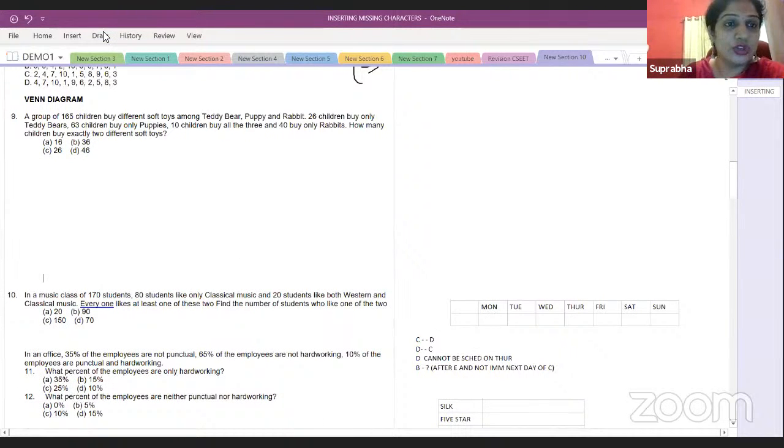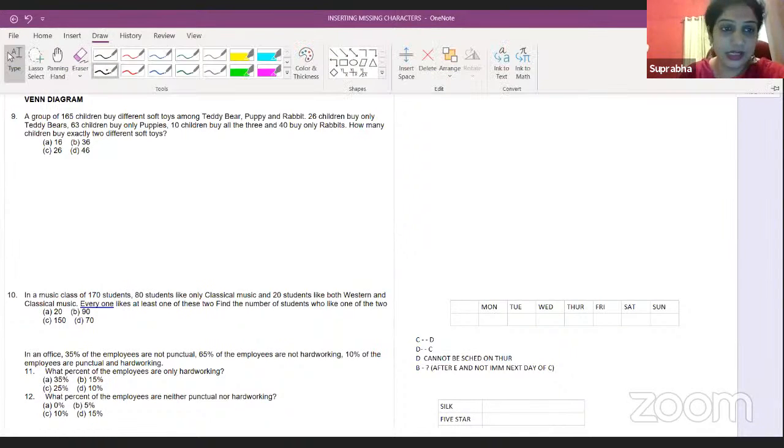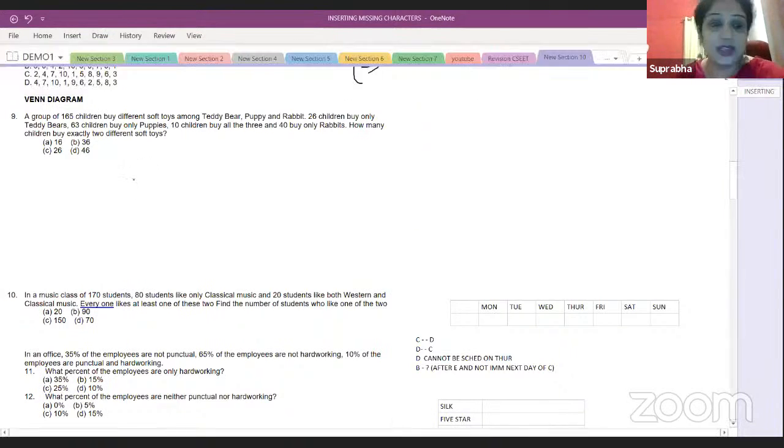You have to draw obviously 3 circles, each denoting 1 soft toy. So if I have to go, all the 3 combinations are there. See, 10 children buy all the 3, hence you can definitely intersect without any doubt.